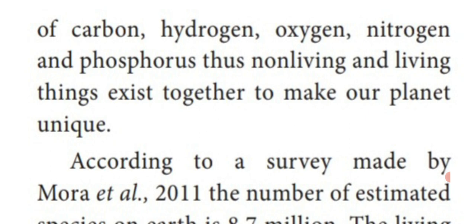It is in the form of water, soil, temperature, sunlight, moisture, air, and also some gases such as carbon, hydrogen, oxygen, nitrogen, and phosphorus. That is said to be biosphere.